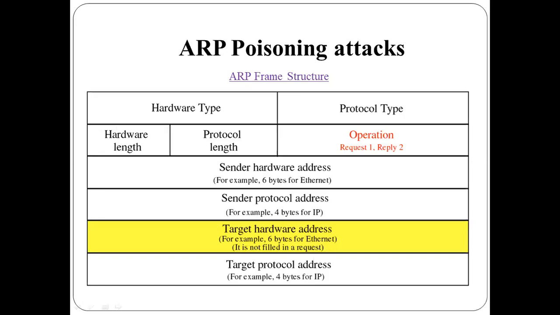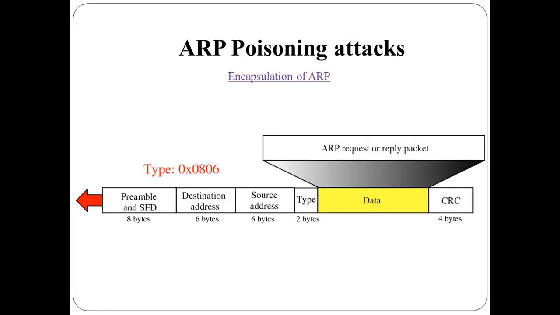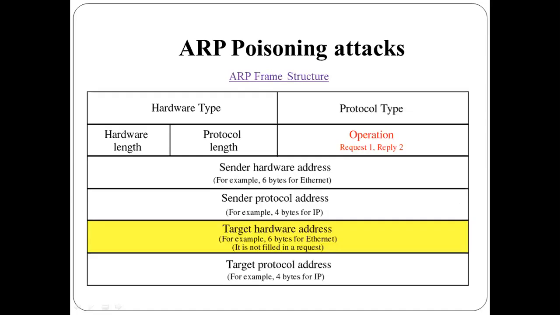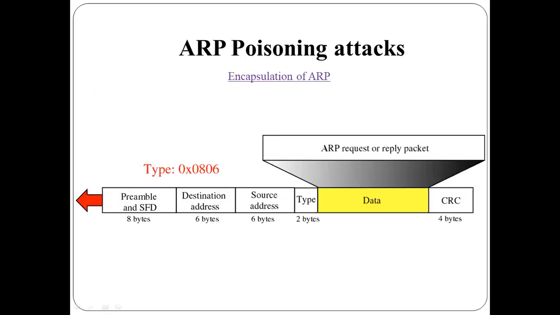Actually it should be called protocol structure. Calling it frame structure is not quite right because inside the Ethernet frame we use this whole protocol structure in one field. But you will find frame written in many books too, so it will be okay. It will be like ARP request protocol structure. And this is the encapsulation. The word encapsulation is used because this is the Ethernet frame and this frame has one field, this yellowish field, having all the data related to the ARP request or reply packet. So this is called the encapsulation of the ARP request or reply packet into the data field of the Ethernet frame. Now the word frame is okay here.